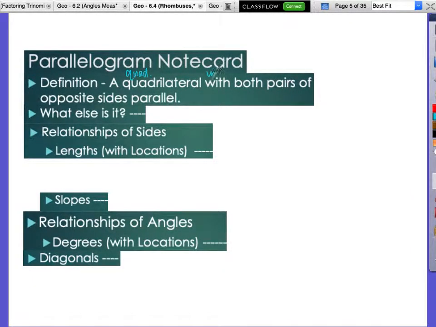Width, you could do W slash, that means width, you might see that in some places. Both pairs of opposite sides parallel, like that. Definition, you can just make that DEF. All these ways you can shorten things up.